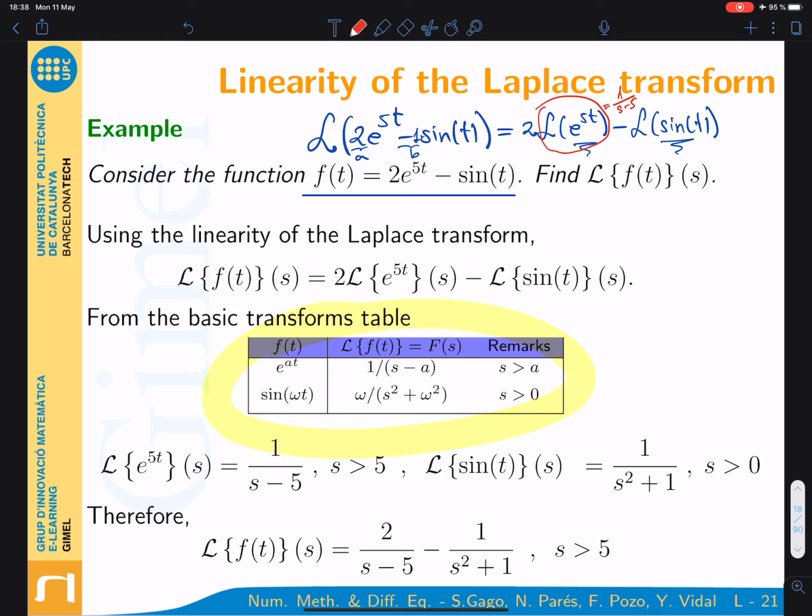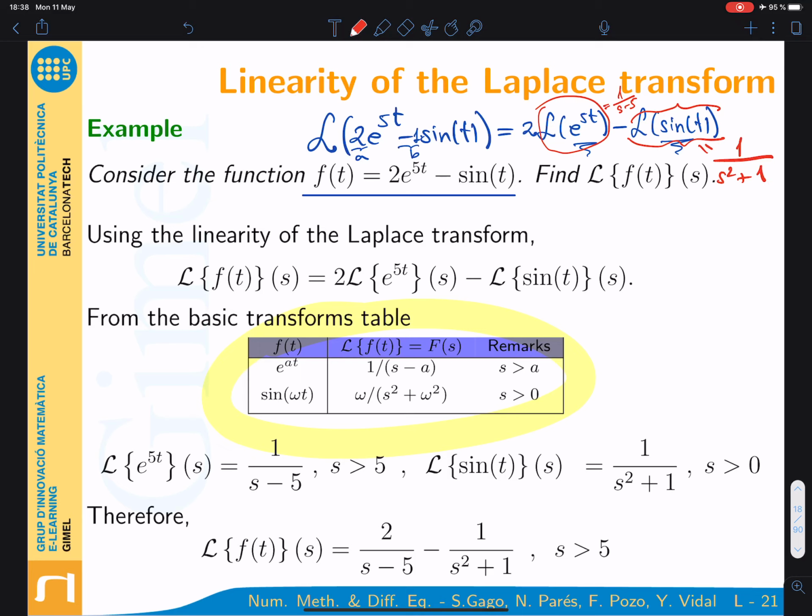And for the sine function, the Laplace transform is this guy. In my problem here, omega is 1. So what we will get for the Laplace transform of the sine function is 1 over s squared plus 1 squared, which is 1.